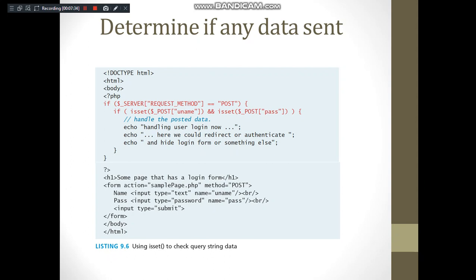Here is an example to determine if there is any data sent by the user. You can observe this is a PHP file. A certain part of HTML is written, and PHP has started here. We have used $_SERVER request method. If it is POST, we check isset of $_POST with the value uname.